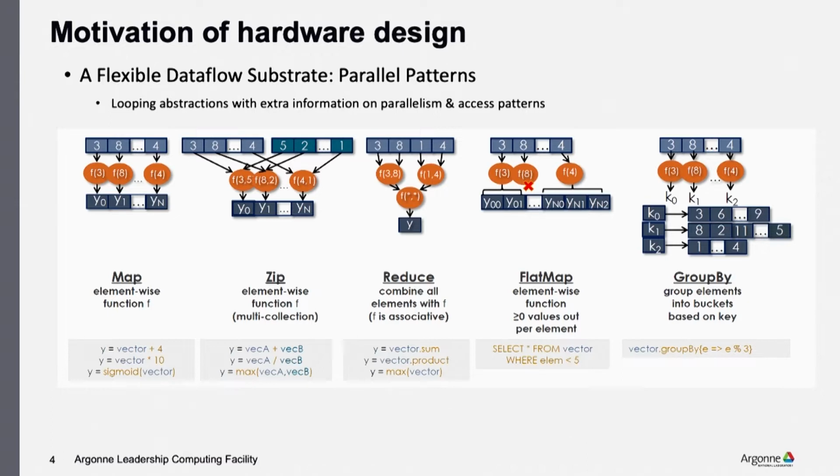We also have the reduce operation, which combines all of the elements into one result, and the flat map, which is also an element-wise function, and the group by function, which is used to group values into a specific group. If we want to run all of these parallel patterns on one machine, it is very difficult to get very high throughput.